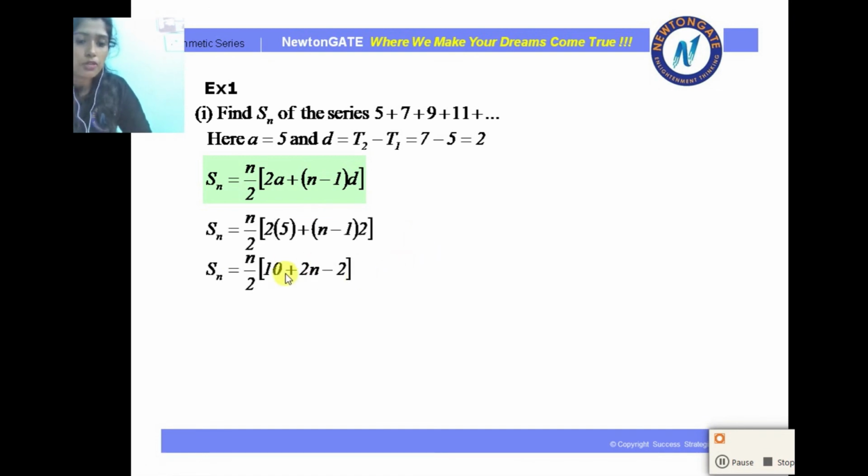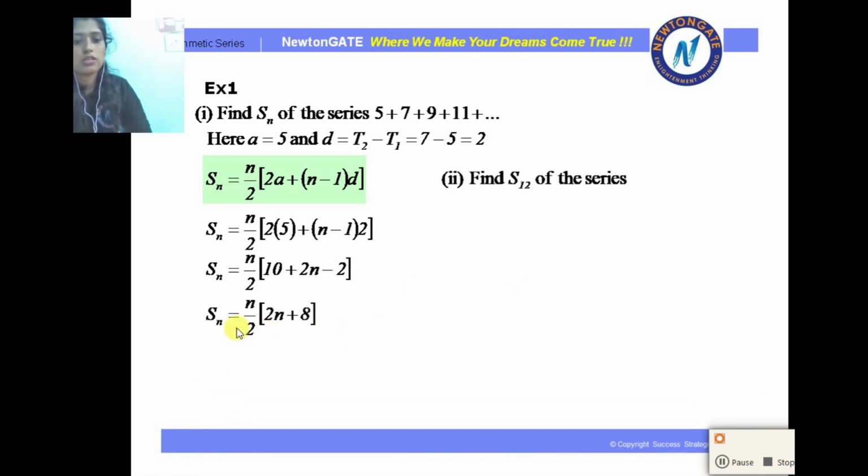If we put them in, we have 2 into 5 plus n minus 1 into 2, which gives 2n plus 8. If we simplify this, we get n plus 4, but even if you write it like this, it is no big deal.